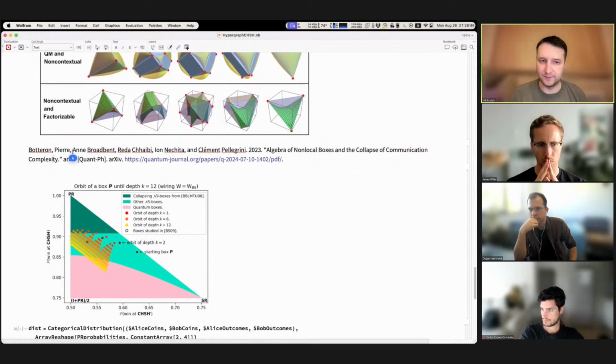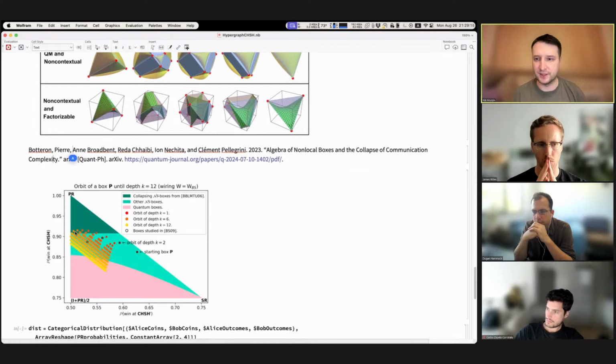But when they have access to these PR boxes, even faulty ones that can fail 90% of the time, they can still collapse this communication complexity so it can be done by sending a single classical bit. So there's some complicated Boolean function that may depend on hundreds of millions of input bits stored locally by Alice and Bob.